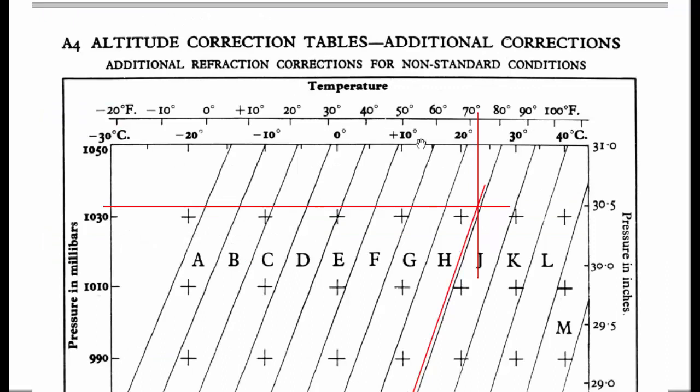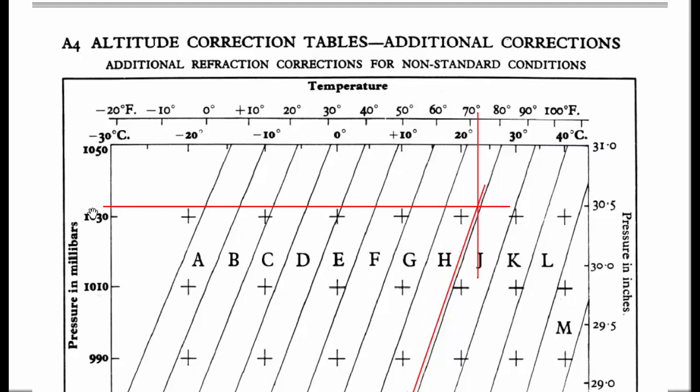And here we are in C6, this table, altitude correction table, and we see across the top degrees Fahrenheit, and on the left-hand side we see pressure in millibars. So our air temperature is 73 degrees Fahrenheit, and we take that point and drop a line straight down, not on an angle.